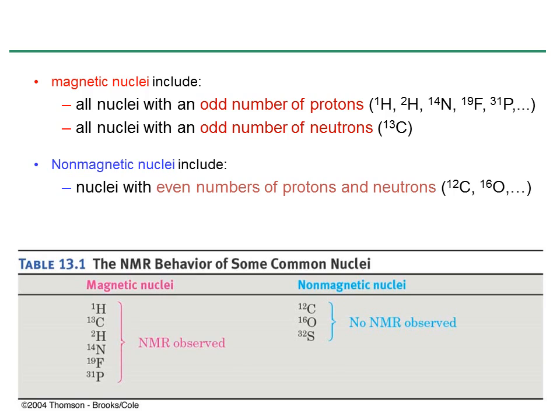Non-magnetic nuclei include nuclei with an even number of protons and neutrons, such as carbon-12 and oxygen-16. The following table gives examples of magnetic and non-magnetic nuclei.